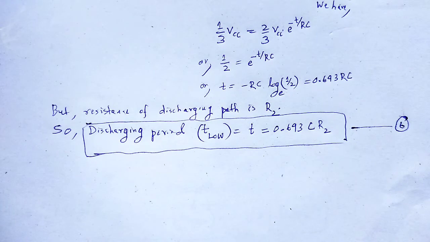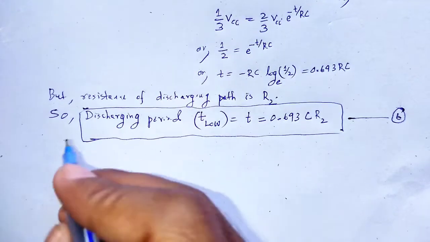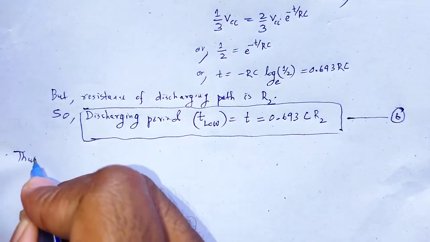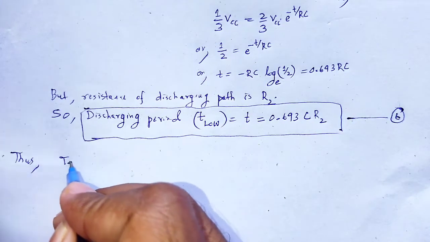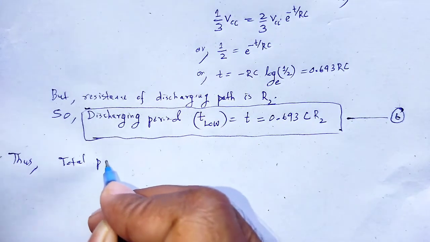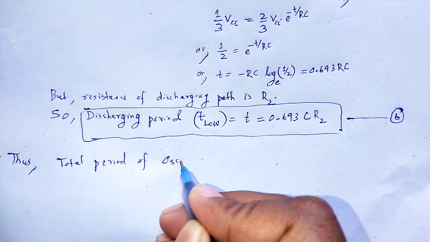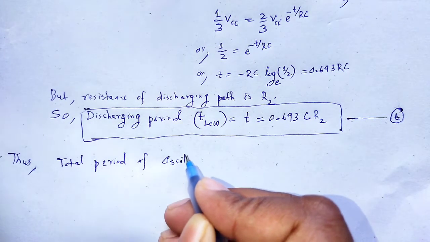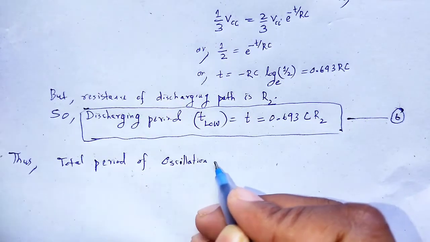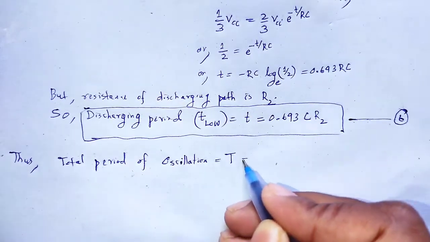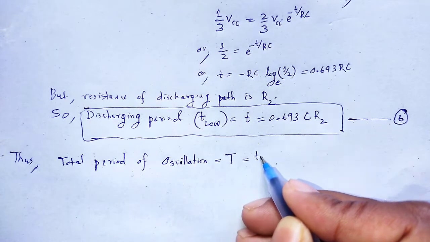So, the total time period of oscillation, capital T, is equal to T high plus T low.